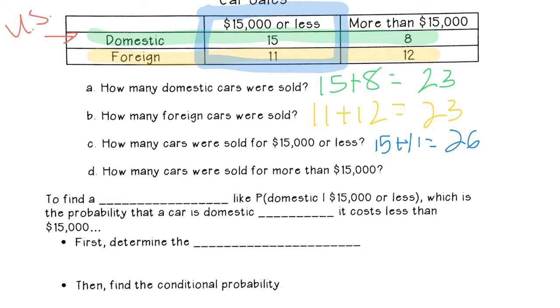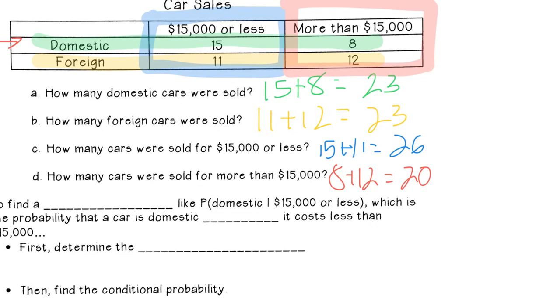And the last thing that we're going to do is look at how many cars were sold for more than 15,000. That's that second column. When we look at that, we have 8 plus 12. So that's 20 cars. And remember, all of these here are in terms of cars.